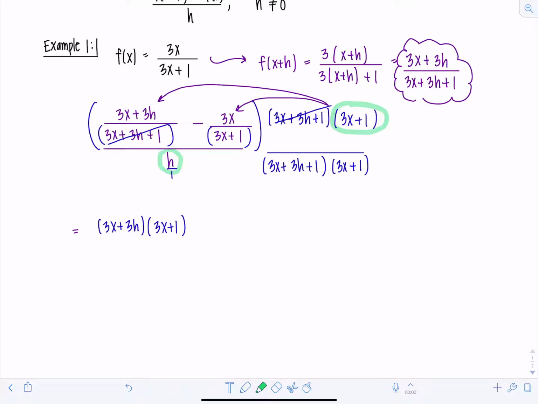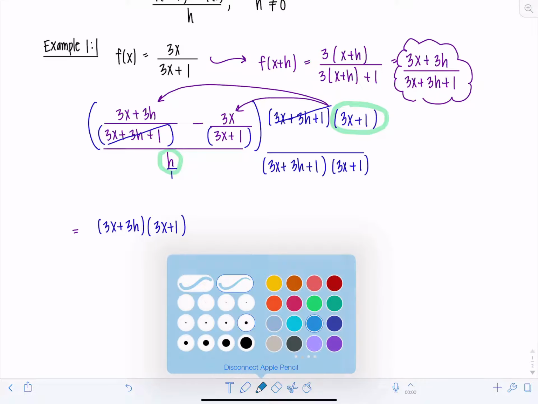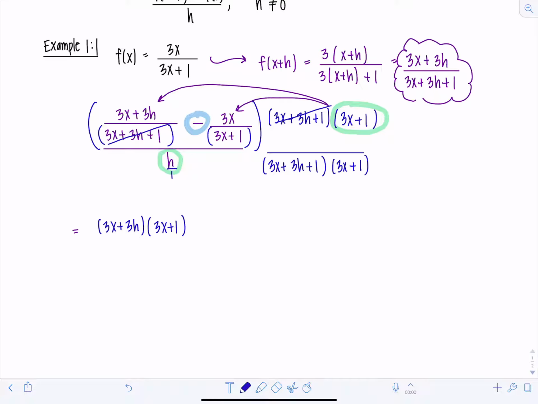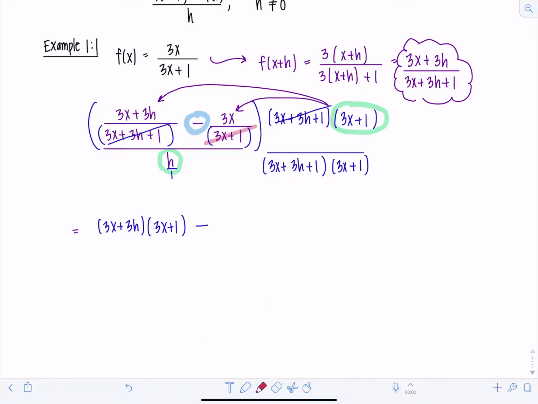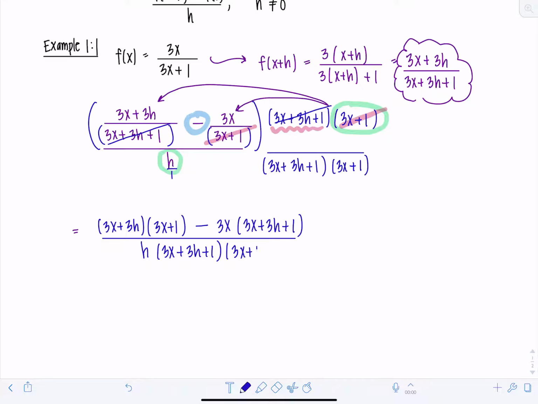Now when I distribute to the second term, I'm going to have minus, so minus, that's still there. And then this time, this 3x plus 1 is going to cancel out, and 3x plus 3h plus 1 is left over. So we have 3x times 3x plus 3h plus 1. So that's our numerator. All over, now nothing cancels out in the denominator, so I just have h times 3x plus 3h plus 1 times 3x plus 1.